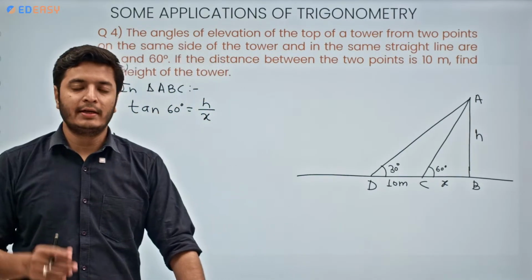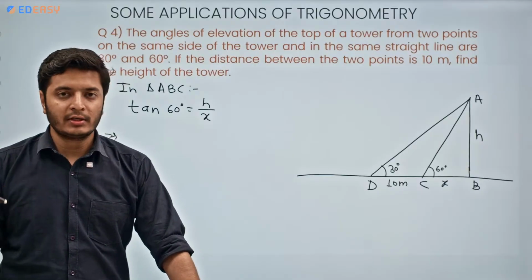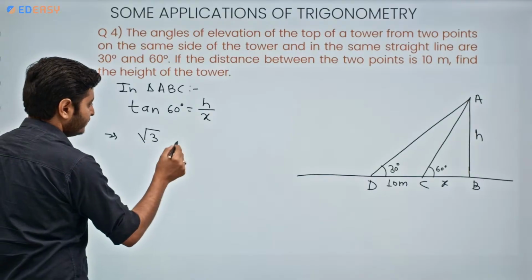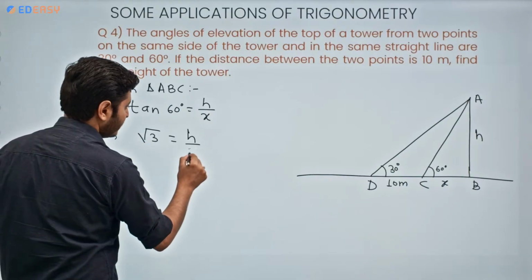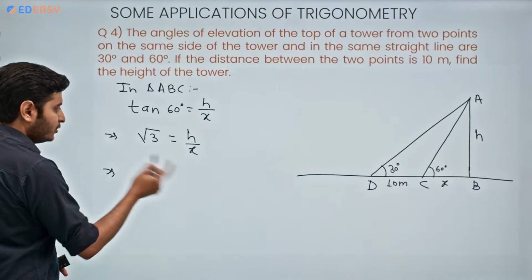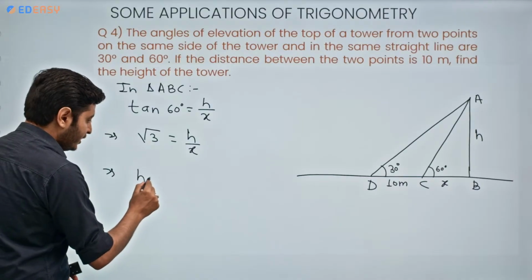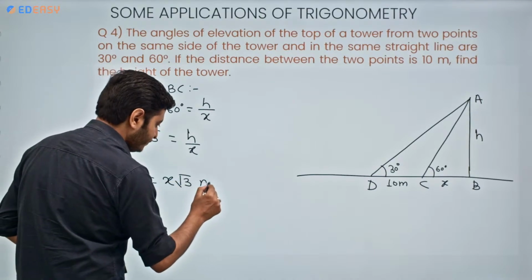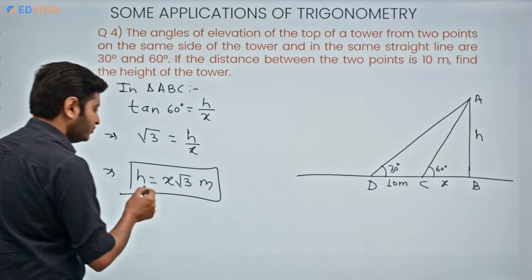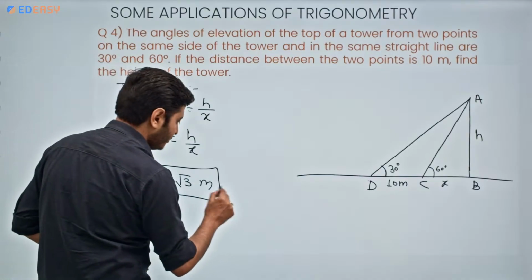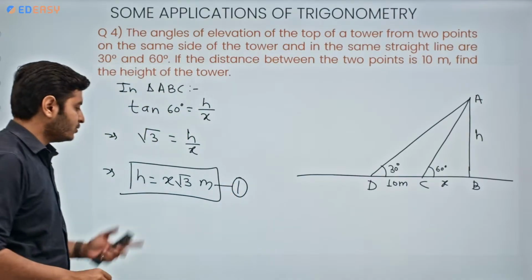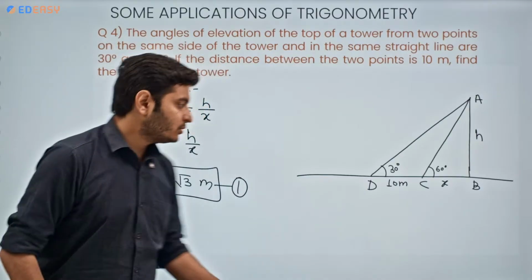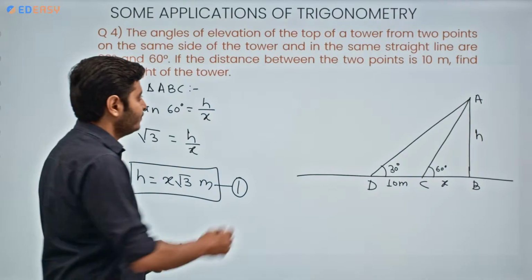But if you are not sure, and if you want to be double sure, you can look at the table that you have created. So, root 3 is equal to h by x. From here I can find the value of h. h will be equal to x into root 3, no need to write the unit here. This will be my equation number 1 because we are not getting any particular magnitude here. So I will call it my equation number 1.